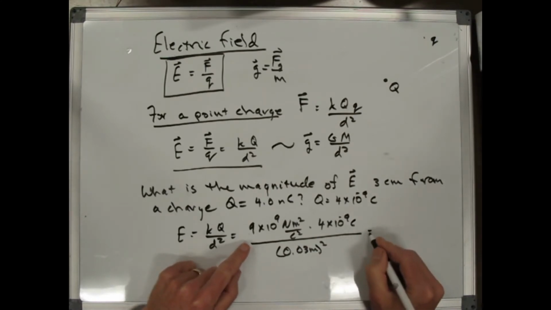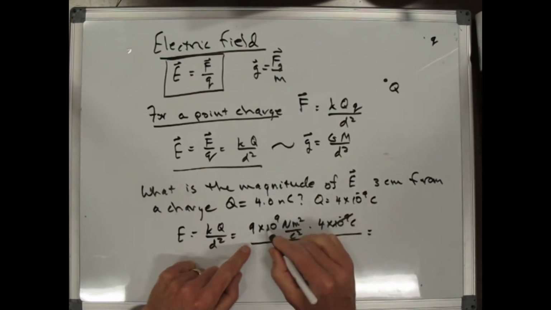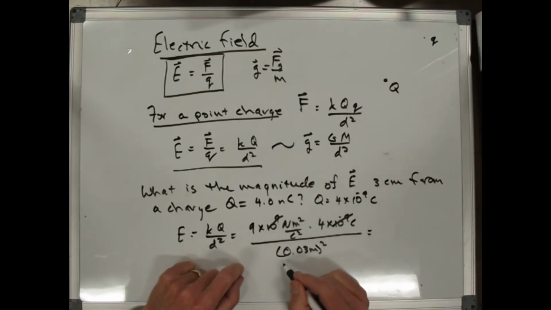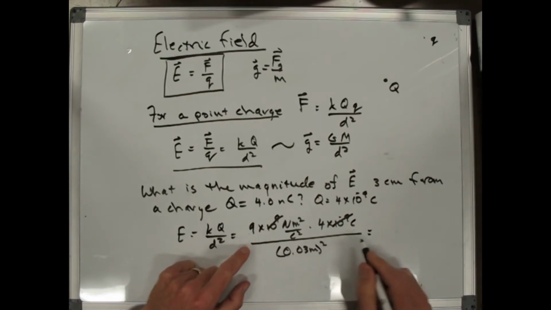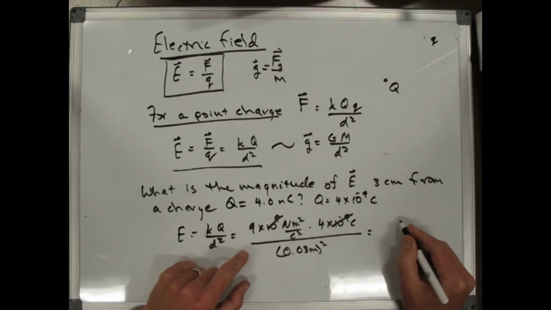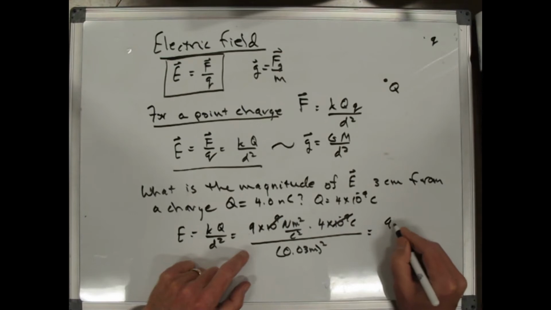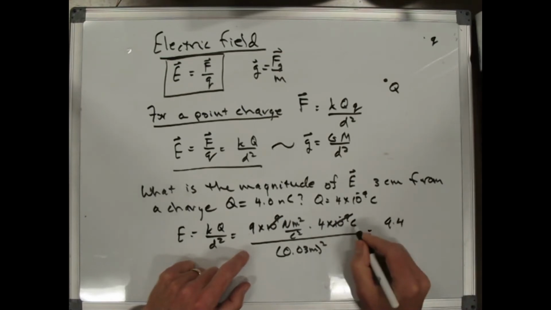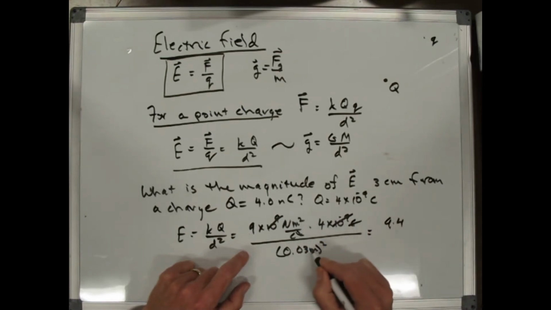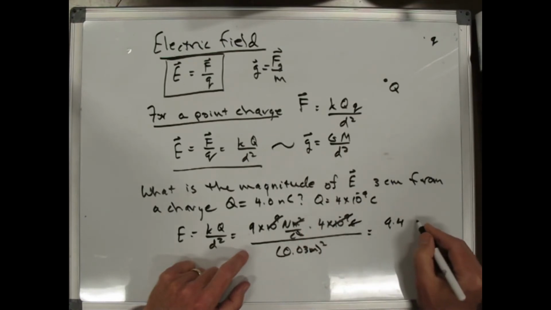right? And so the 10 to the 9th and the 10 to the minus 9th cancel, and let's see, so this becomes 9 times 4. The coulombs cancel with one of the coulombs. The meters squared are going to cancel with meter squareds. My units are just going to be newtons per coulomb.